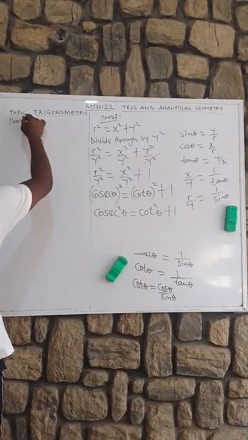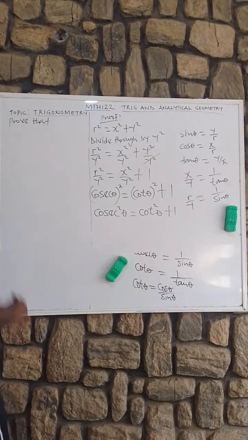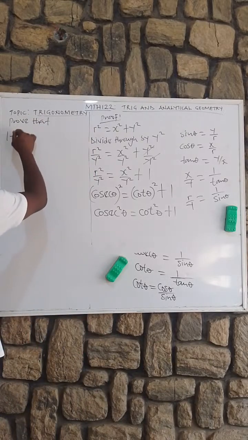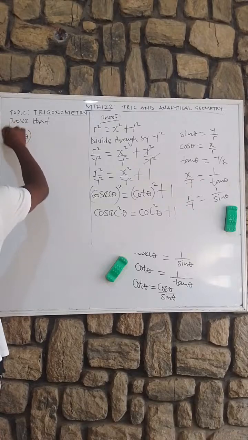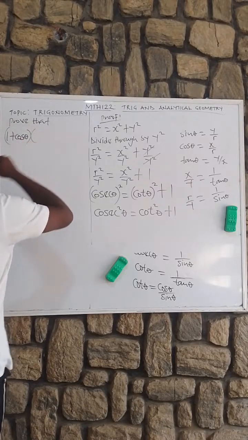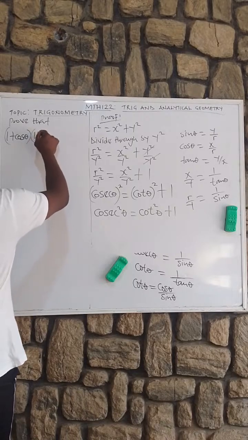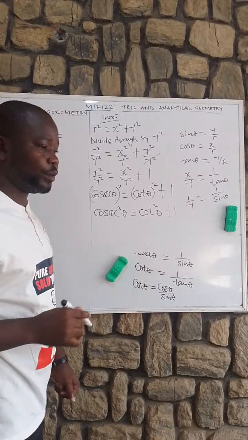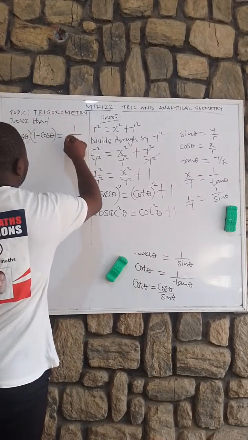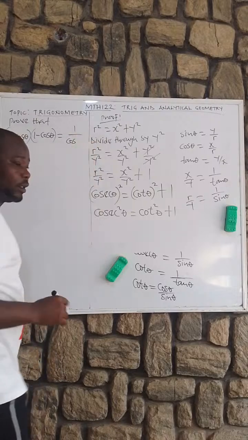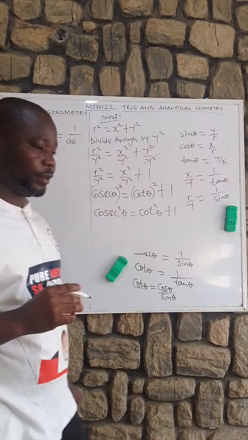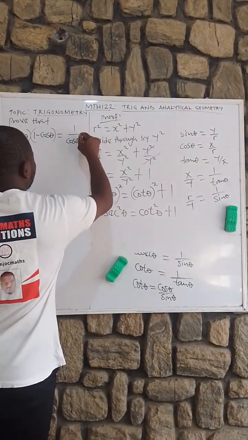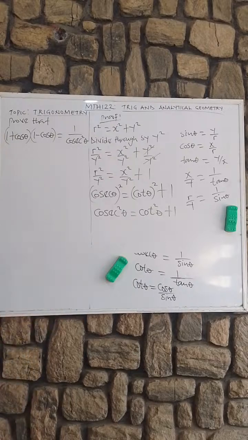Prove that (1 plus cos theta) times (1 minus cos theta) is equals to 1 all over cosec square theta. As simple as ABC.